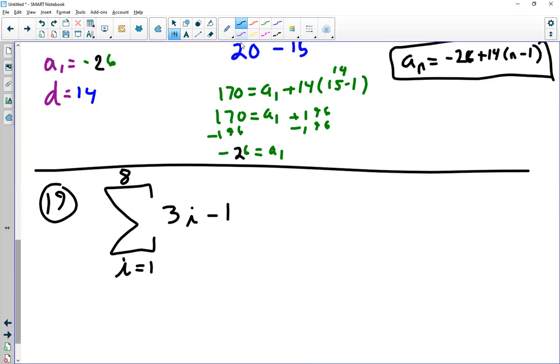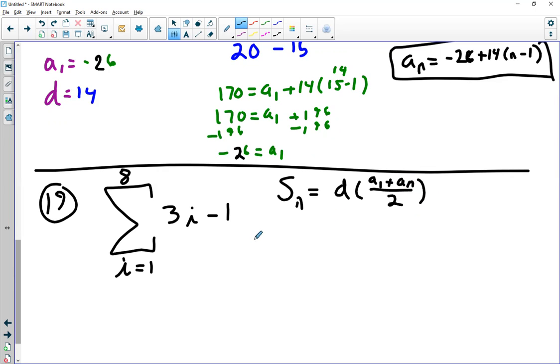Now, you could always just go position 1, position 2, position 3, plug it in. I'm going to use the equation that allows us to add arithmetic sequences very quickly. That equation is S of n equals n times A1 plus AN over 2.